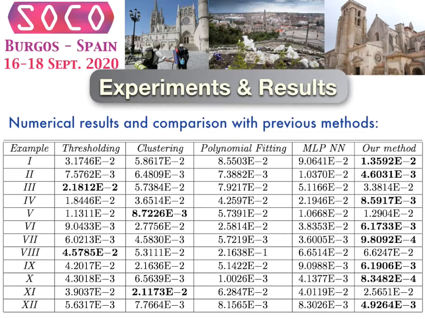The best results for each example are highlighted in bold. As you can see, with our method we get fitting errors of the order of 10 to the minus 2, 10 to the minus 3, and in most instances of this benchmark, our method outperforms other methods available in the literature.